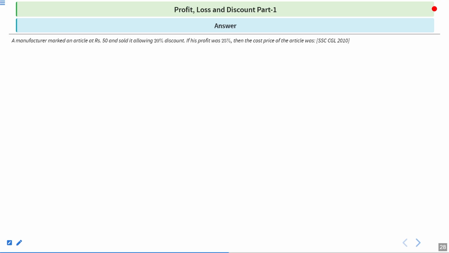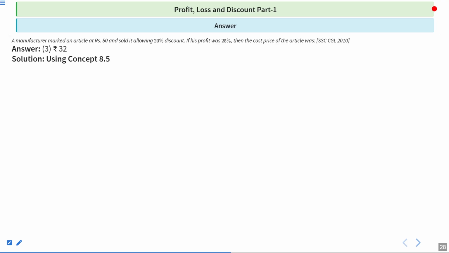We gave the 20% discount on 50 rupees, and the price we got is the selling price, and on this selling price we again get 25% profit. So what will be the cost price of the article? The correct answer of this question is 32 rupees. Now see the detailed solution of this question.